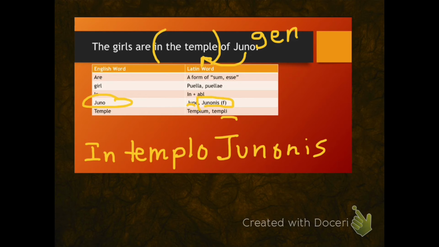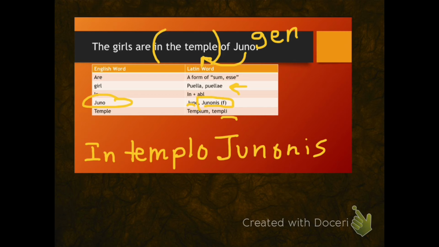Now I have two words left in the sentence. The girls are. When I look at a sentence in English and I see a noun in front of a verb, that noun is the subject. So I need to make girls, puella, puellae, in the nominative plural. Because girls is plural, so must my Latin word be plural.